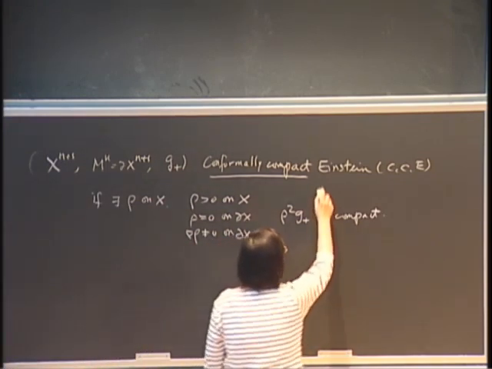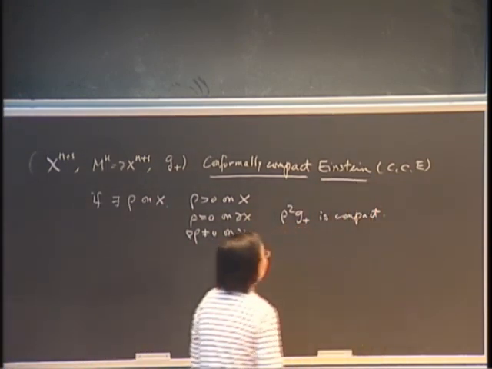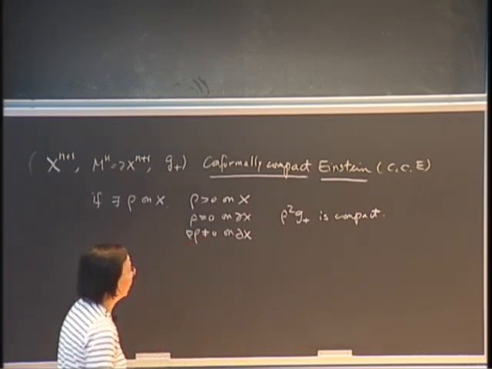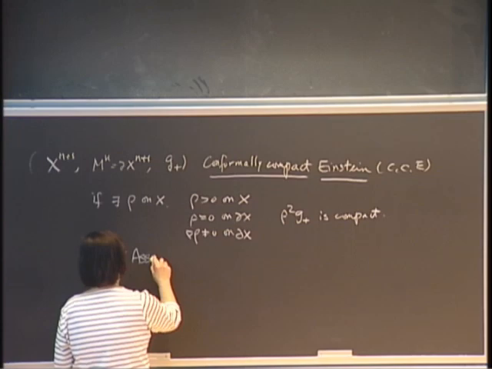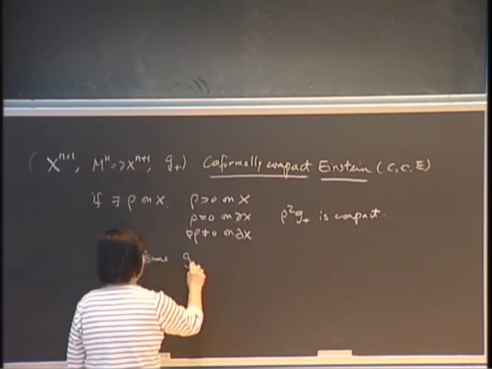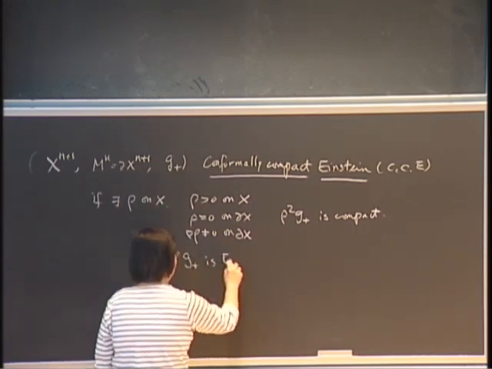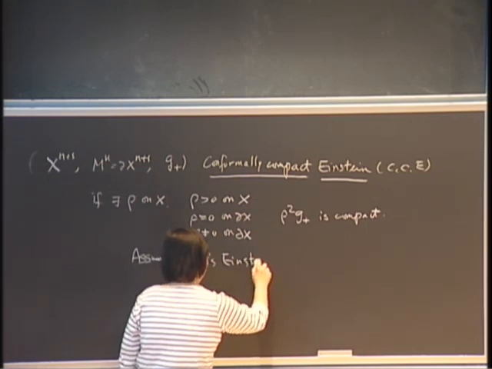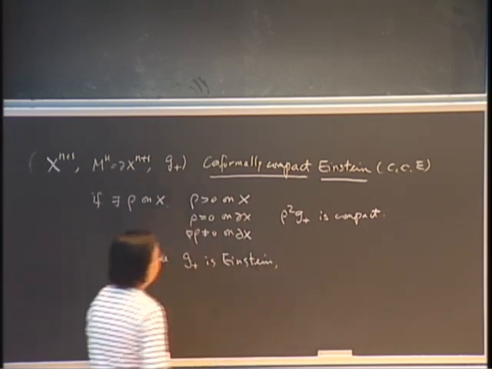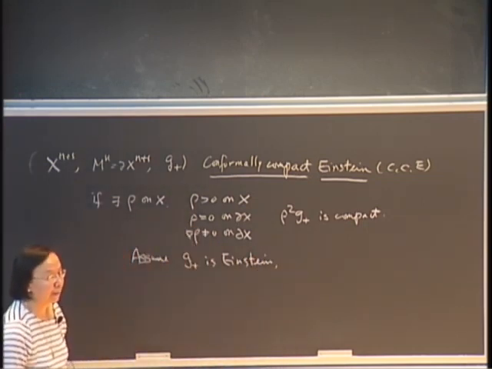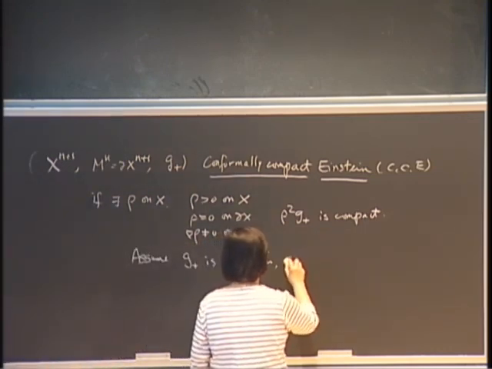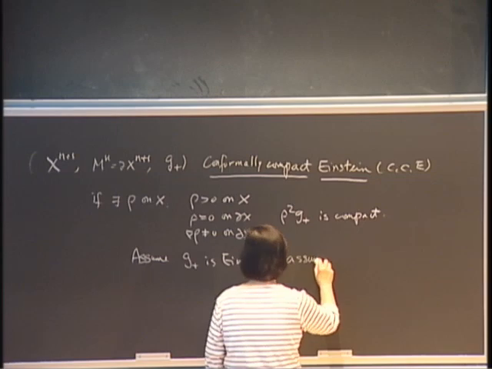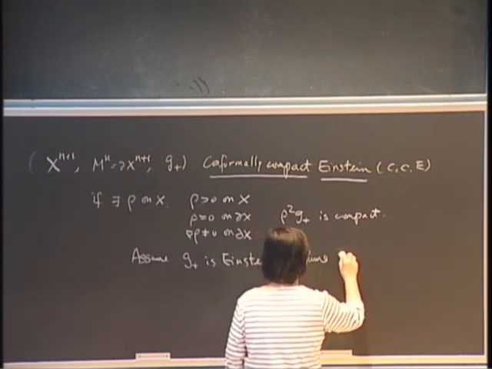And then in my setting, I also say it's conformally compact Einstein. In that case, I assume G plus is Einstein. But in this case, I also assume in my talk that G plus is Poincare Einstein.